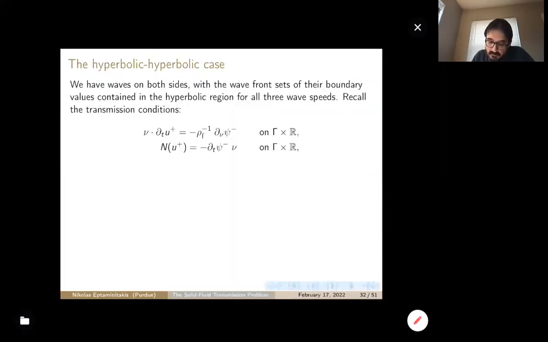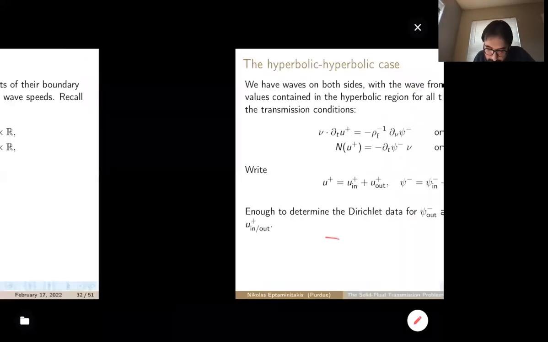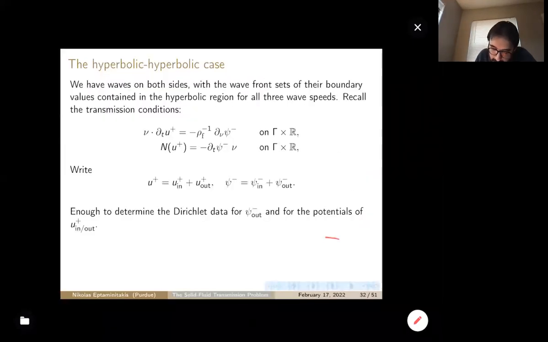And we recall that we have transmission conditions. So here, as we mentioned, this is the traction at the interface, which is sort of like a Neumann condition. And we are going to write the wave in the solid as a sum of an incoming and an outgoing wave.